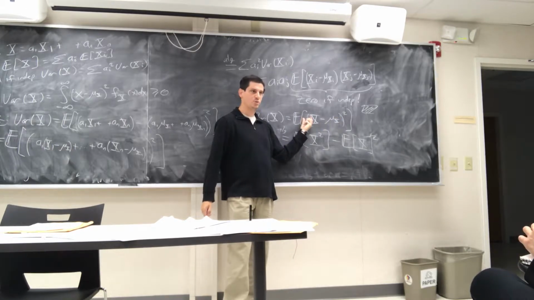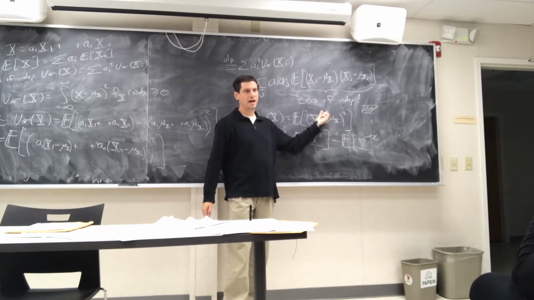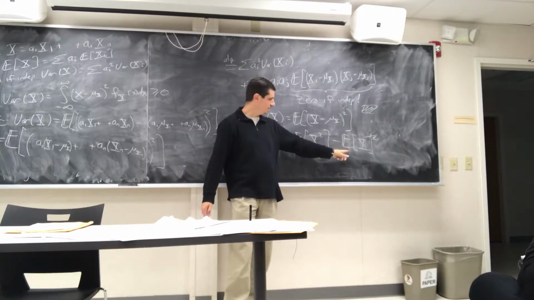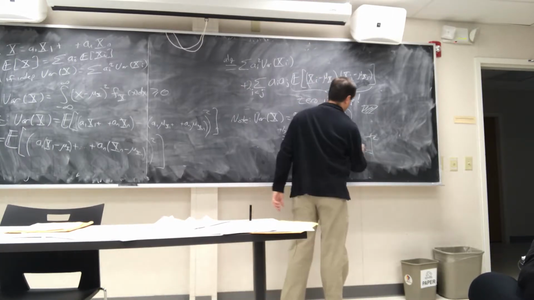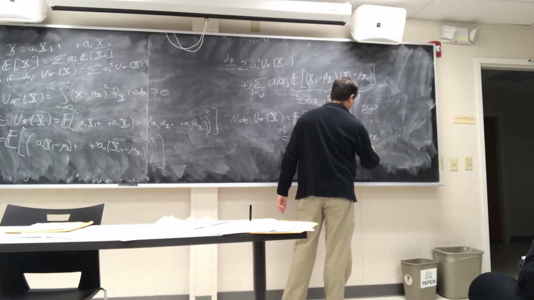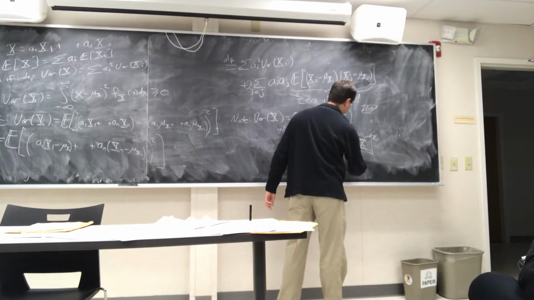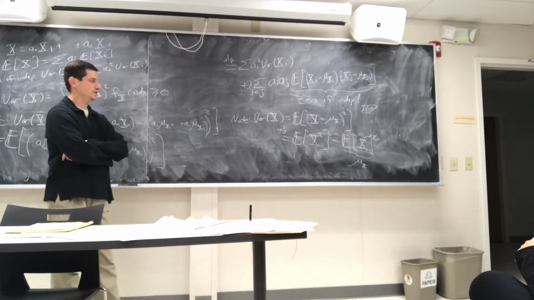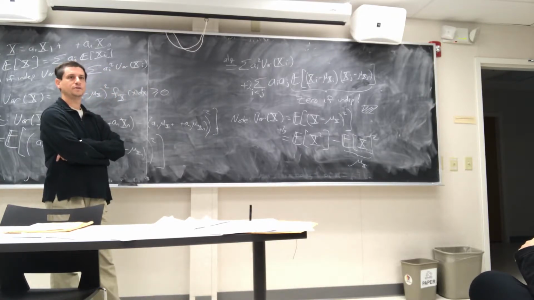You'll get the expected value of x squared minus twice x mu x, plus mu x squared. And then when the dust settles, it is fine like that because this is just equal to the mean. This is a much more useful formula for the variance.